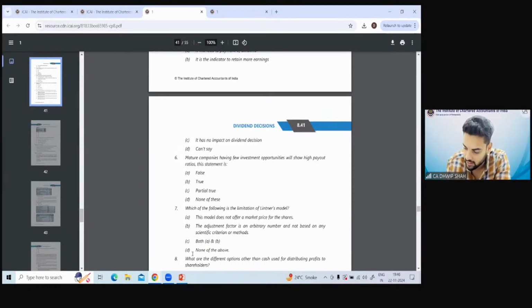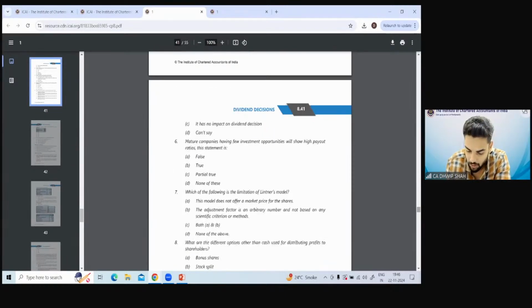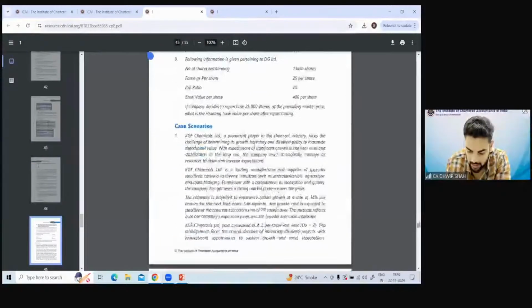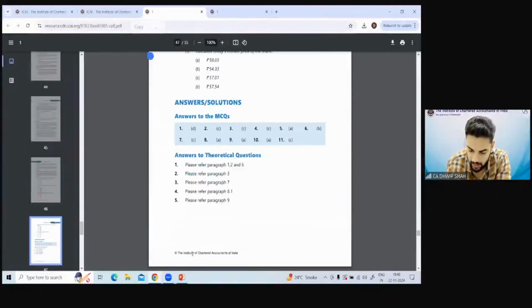So if you check the answer of MCQ number 7, it is C. Can you see? Answer is C to question 7. So even institute has accepted that adjustment factor is just an arbitrary imaginary number.